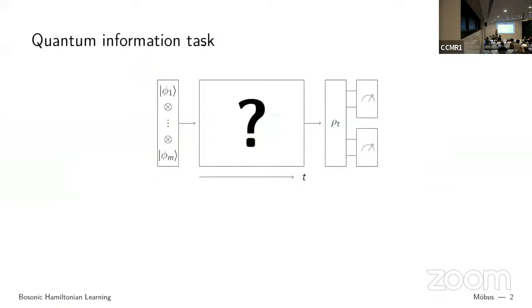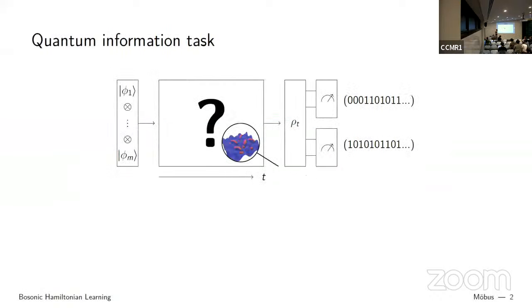Then we are allowed to measure the output state, and from the measurements we get some data. By post-processing, we want to learn about this time evolution: the coefficients of the Hamiltonian which defines it.